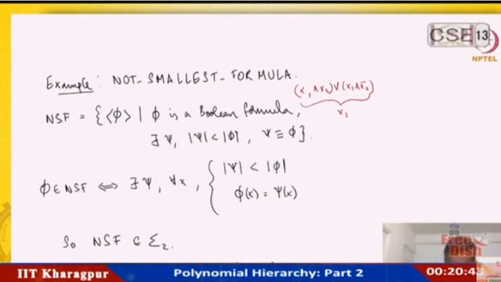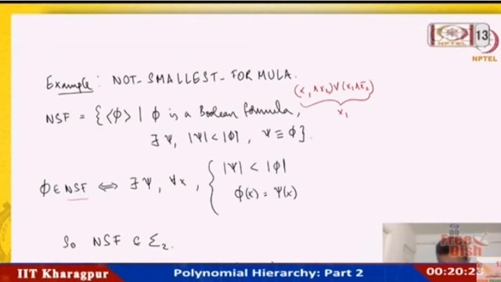So phi is a not smallest formula, NSF, if there exists a formula psi, right? When is it a not smallest formula? If there is a smaller formula that is equivalent.